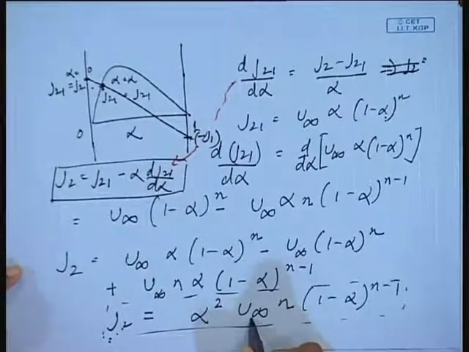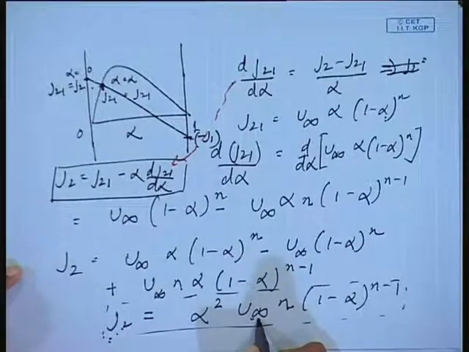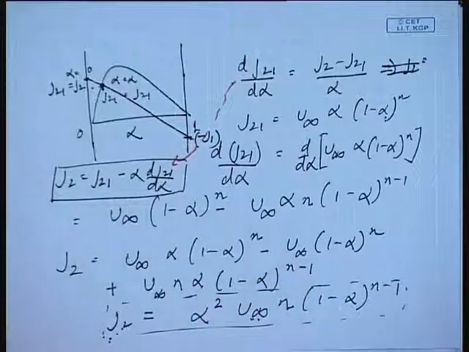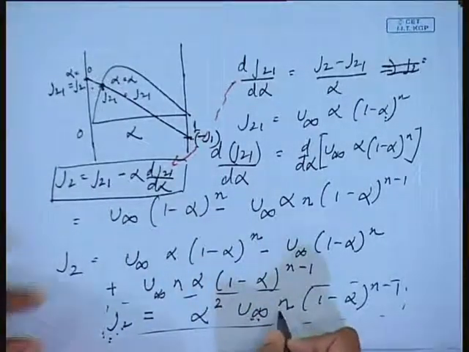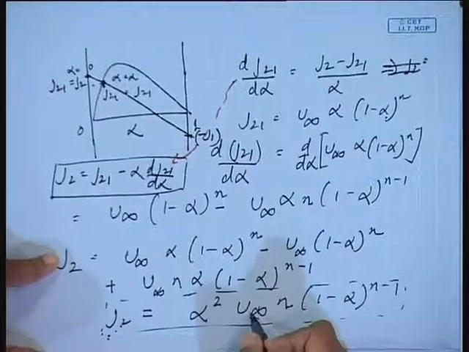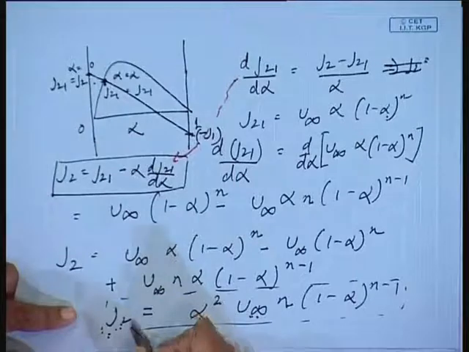Okay. For both the cases, you will find that they are functions of alpha, n and u infinity. So, n and u infinity depend upon the flow patterns and interfacial distributions; they are going to be different for bubbly, slug, churn, etc. So, for the corresponding flow pattern you find out n and u infinity. Then for each alpha you can find out J2 and J1.